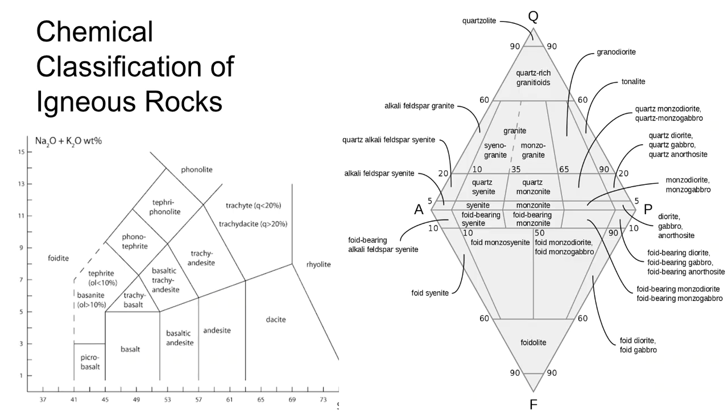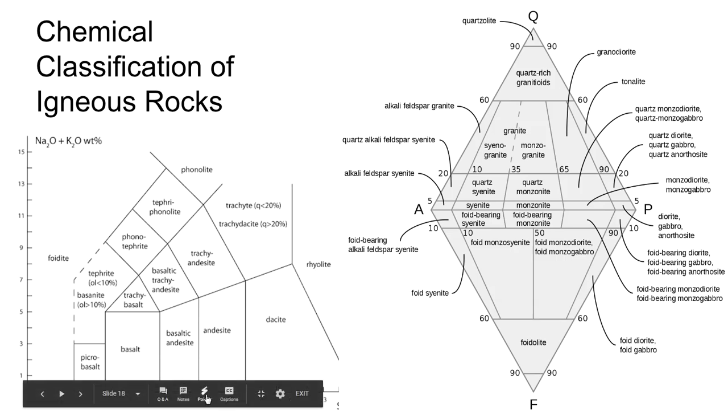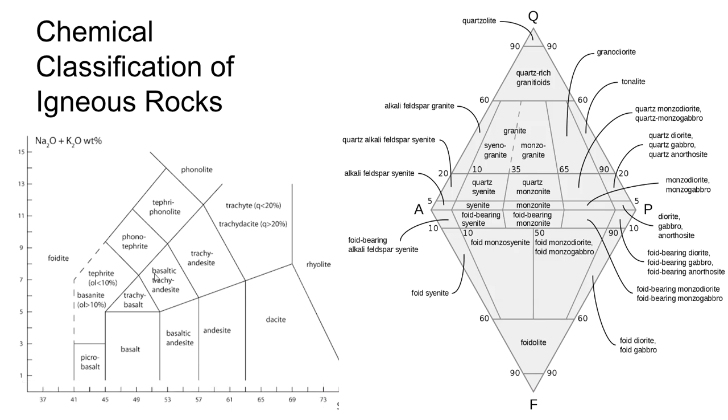All right. The chemical classification of igneous rocks consists of two systems or two schemes used. One is to look at the sodium and potassium within the rock. Again, you have to do this using various lab methodologies, and graphing that against the silica composition on the x-axis. This is what's called a TAS diagram, total alkali silica.